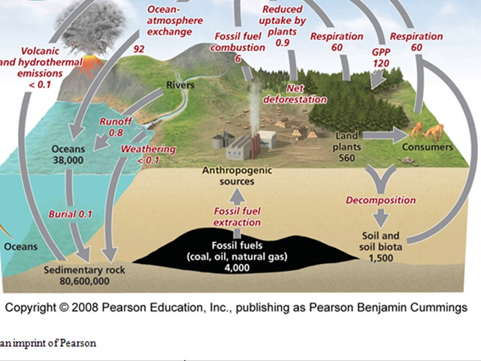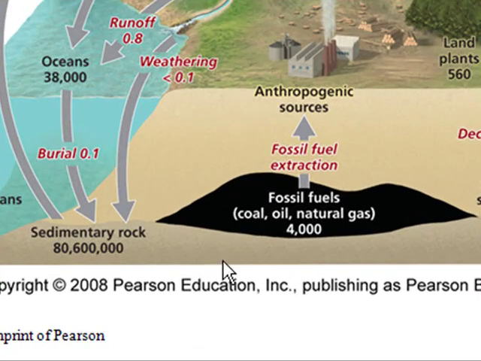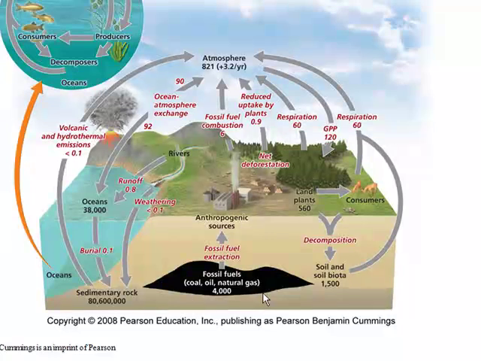There's a very long residence time down here. This pool or reservoir is one that is very much disconnected from the terrestrial and atmosphere. However, one of the important ideas here is fossil fuel extraction, right, and then combustion, right, of fossil fuels leads to the carbon dioxide that was once locked up here getting into the atmosphere.